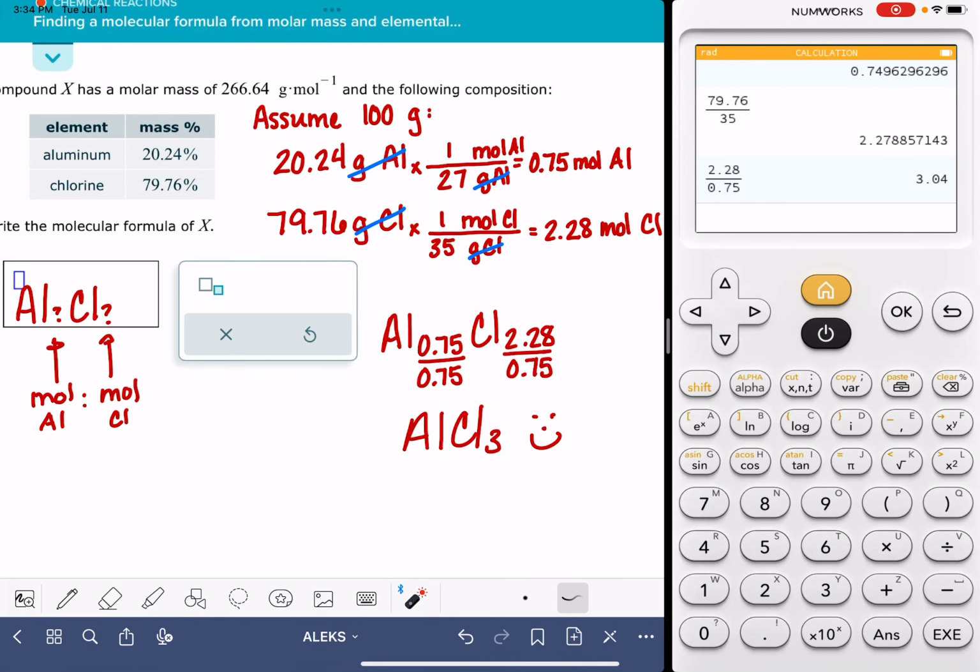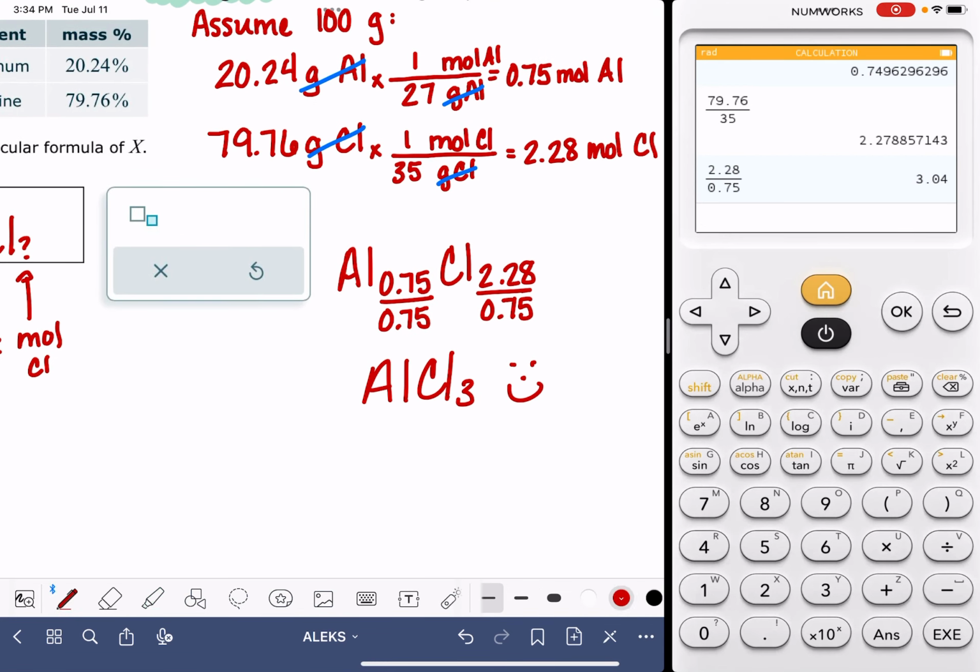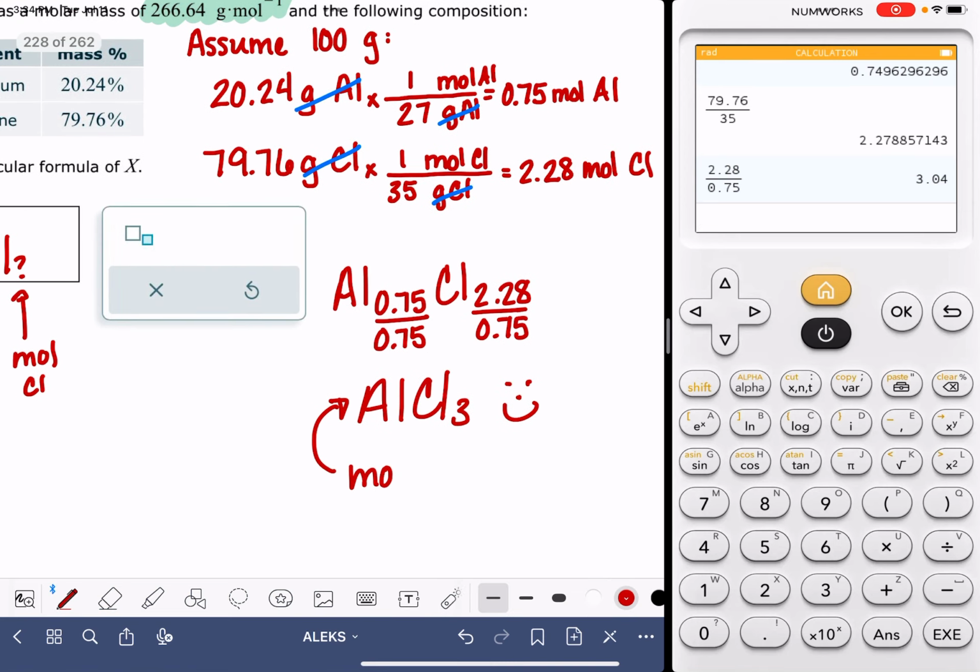Now, don't assume that we're automatically done. The problem says that the molecule has a molar mass of 266.64. We need to double check to make sure that this compound has a molar mass of 266.64.